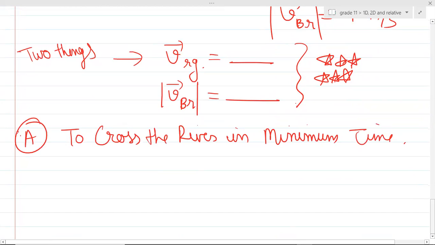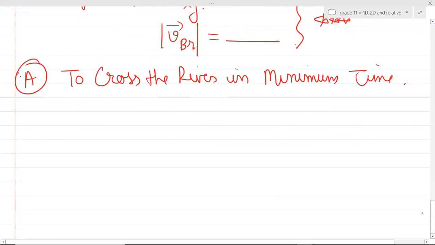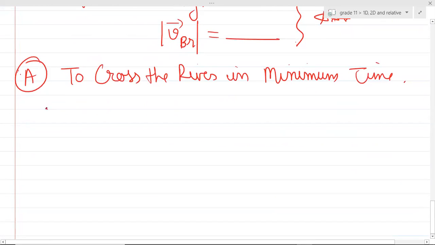Guys, tell me this. If I want to cross the river in minimum time, suppose this river is not flowing. If the river is still water basically, what should be your direction so that you cross this river in minimum possible time?